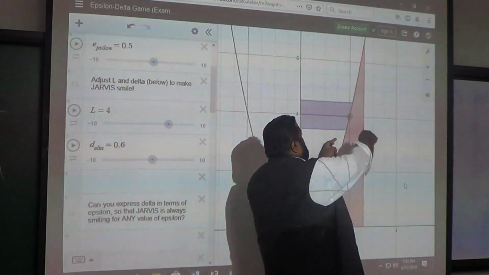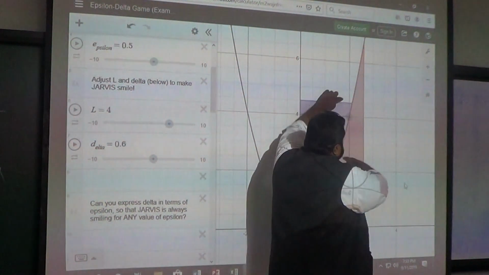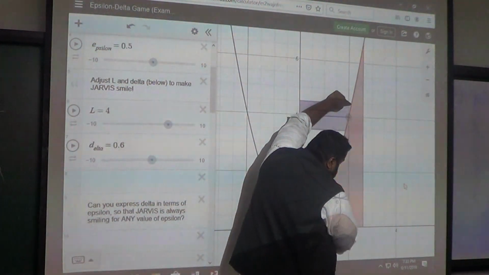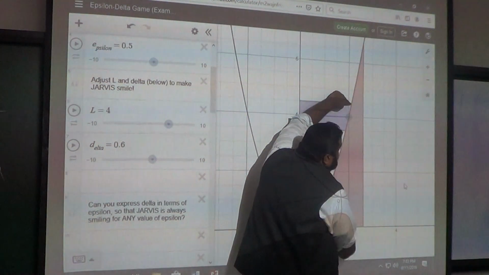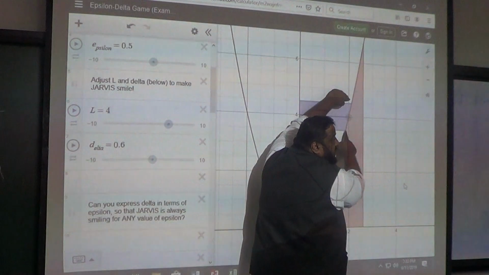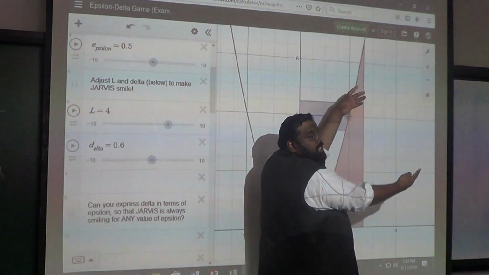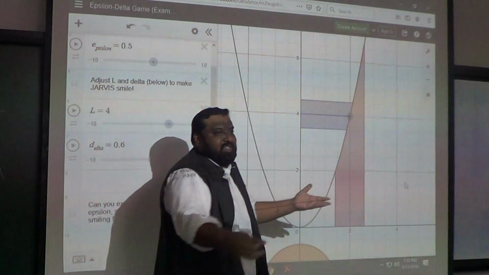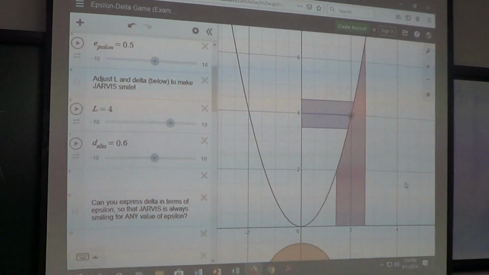I'm talking about this chunk. Can I find some inputs around 2 whose outputs always stay within this part of the curve? Yes. If you can find such a small interval, that means the limit exists.